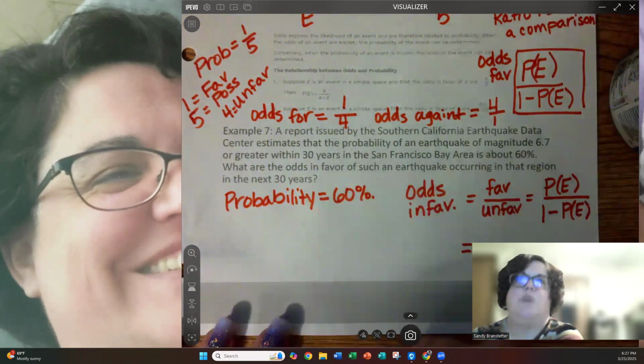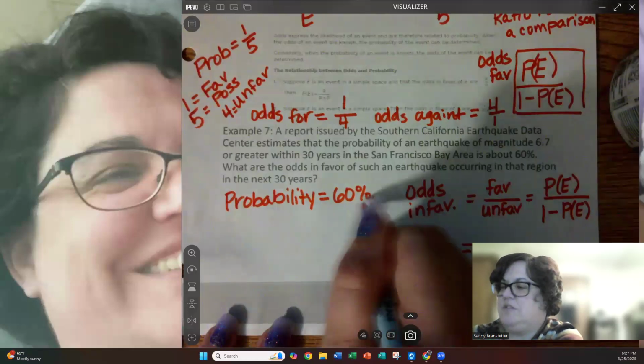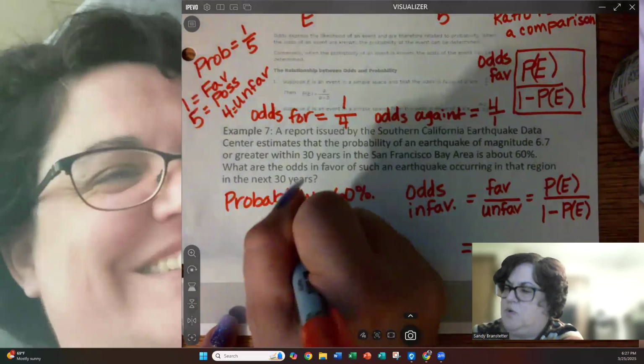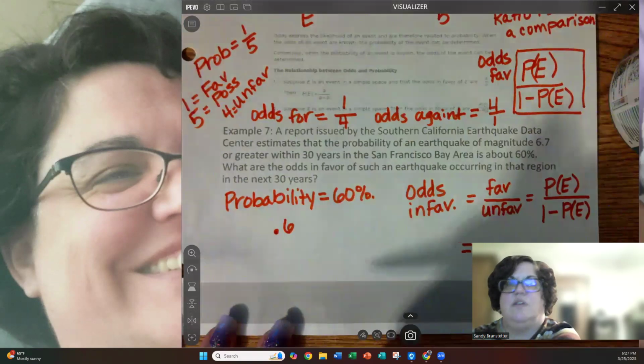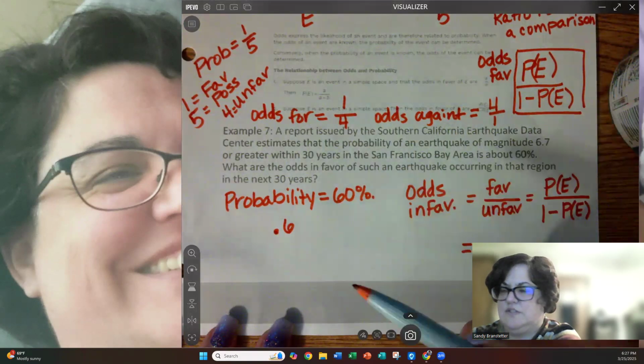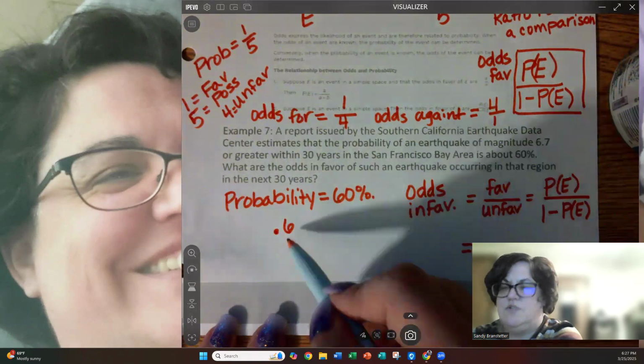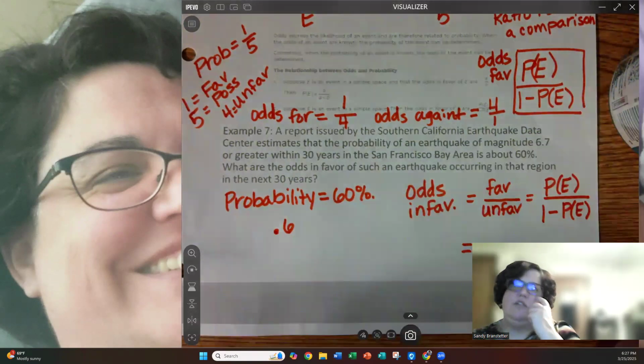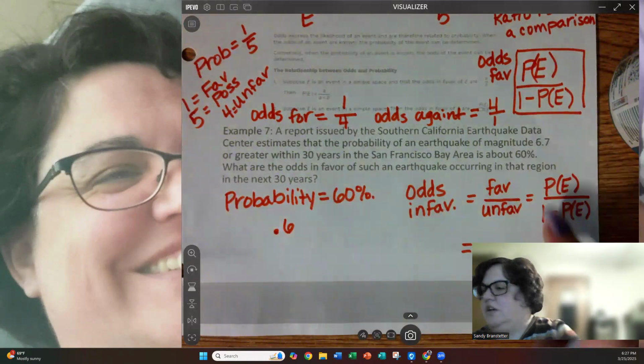So let's look at the probability here. 60% is the same as 0.6 as a decimal. This is 60 out of 100, or 60 hundredths. I'm going to use the 0.6 version in this formula.